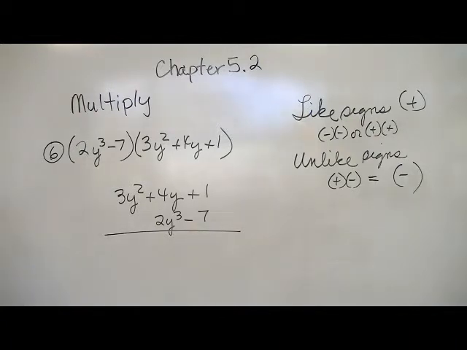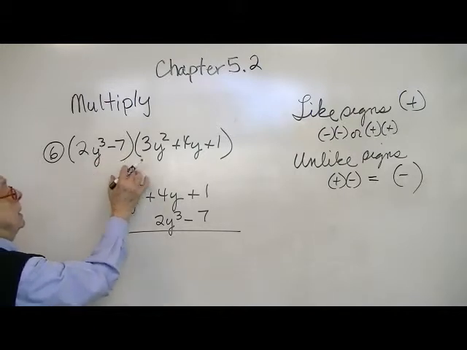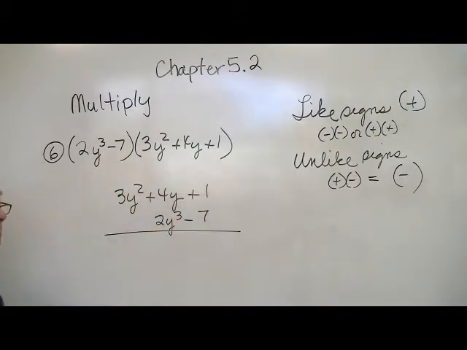So my strong advice is when you have a binomial or a trinomial that you're going to multiply by another trinomial, instead of doing it horizontally, and that is a way, if you're comfortable with that, do it that way. I suggest you set it up doing it vertically, this way. And as we go on, I'll show you why.